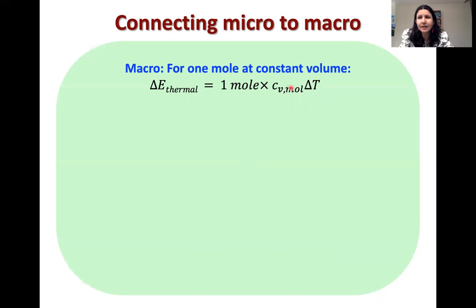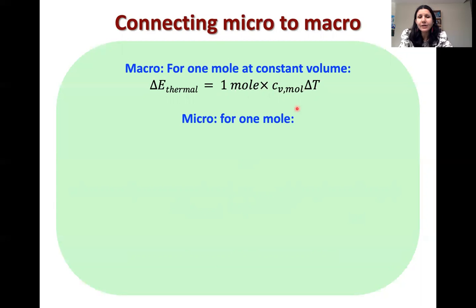Now we're adding a couple more subscripts. We weren't very rigorous about this at the beginning of the quarter, but now we will be, because we're going a little more into depth. So constant volume, that's what the V stands for, and then mole means it has molar units rather than the specific heat which we define in terms of mass or kilograms. So we can rewrite it this way, times delta T.